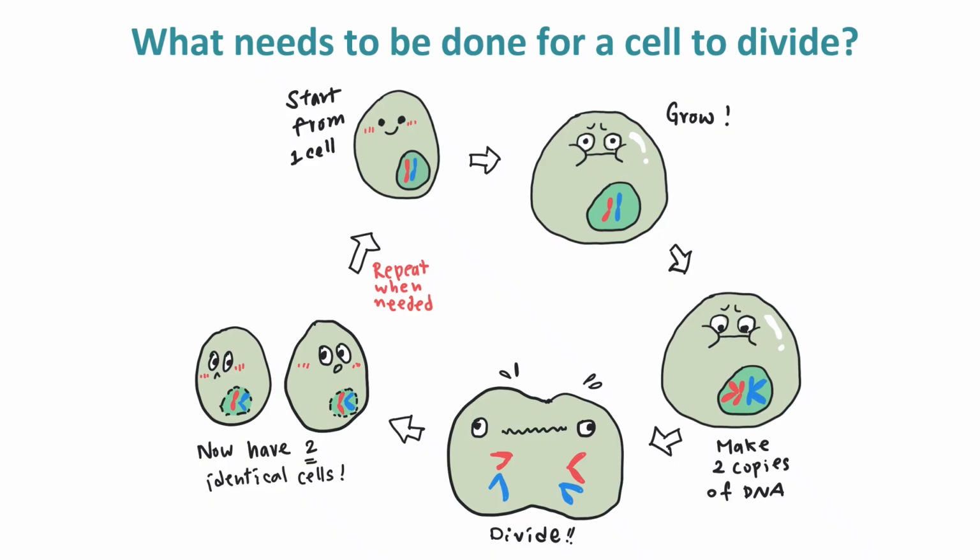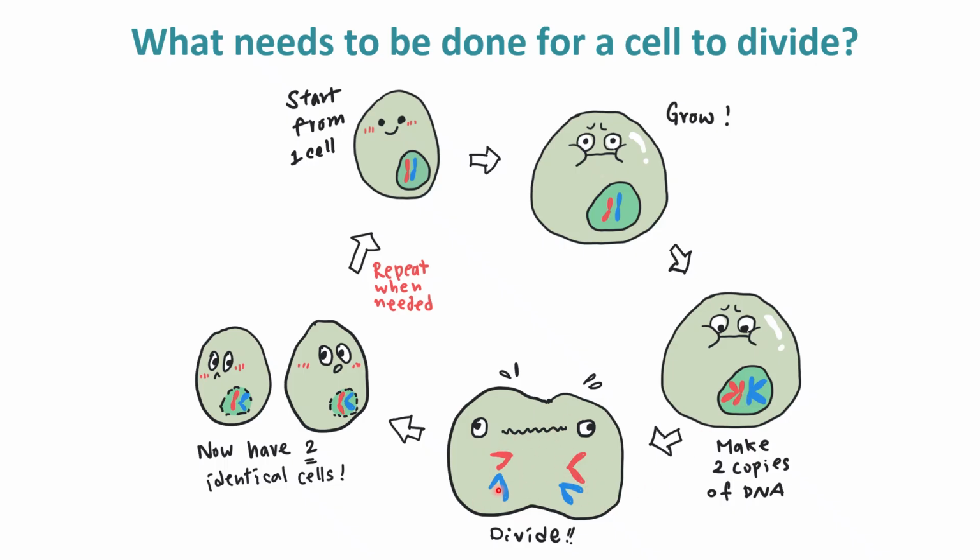So how does it actually work? If we start from one cell, first that cell has got to get bigger, and then it needs to make an additional copy of its genomic DNA. It's going to separate the two sets of DNA into two different sides of the cell.